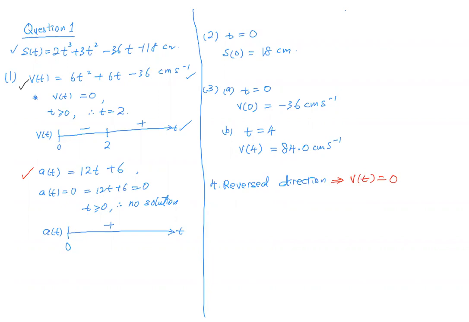So from part A, since we got it, we can just say from part 1, t equal to 2. So have we finished answering the question? No, because they say the position. So what should I do after this? If the question asks time, I got it already.